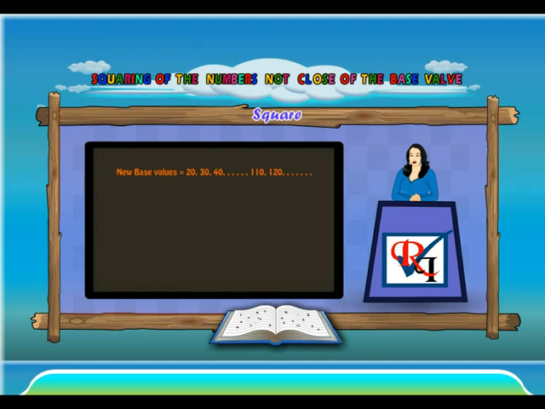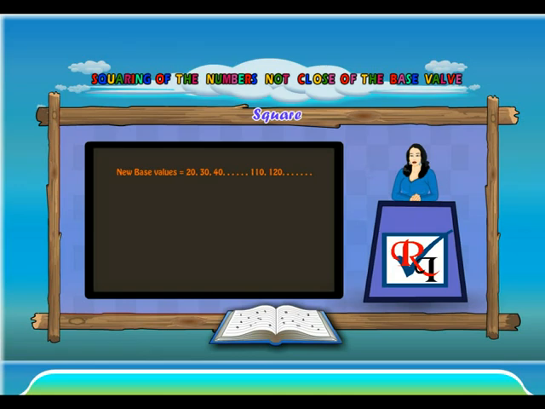If the number is not close to the base values, then it might be close to a round figure like 20, 30, 40 and so on. So we have to use these numbers as base values. I hope this idea is clear for you.